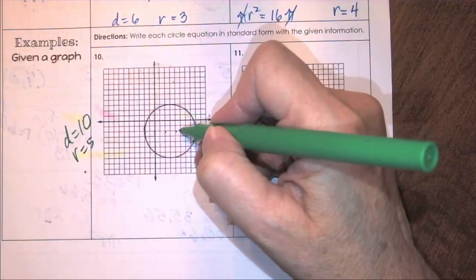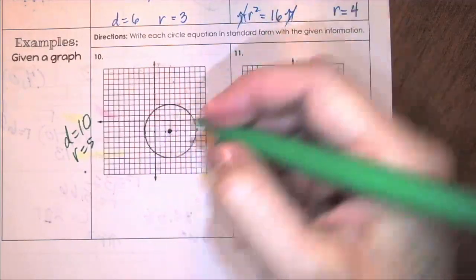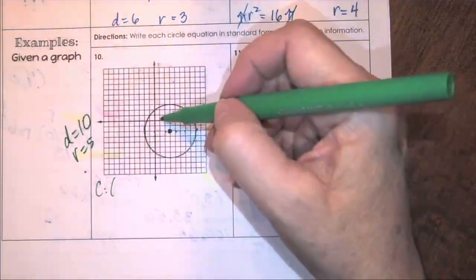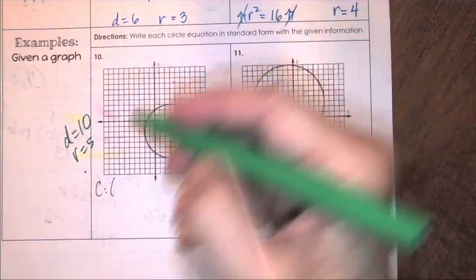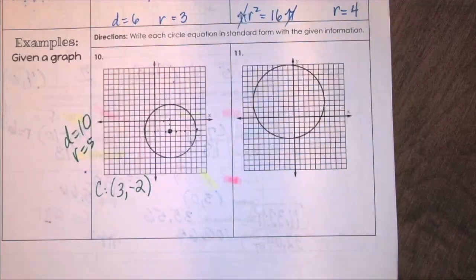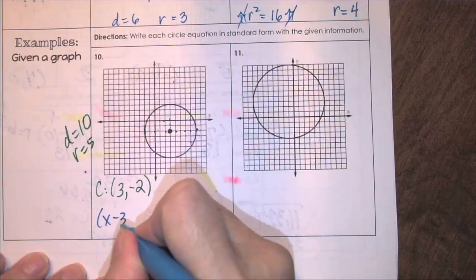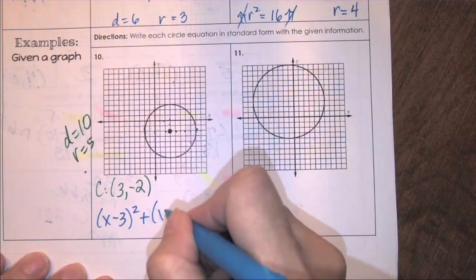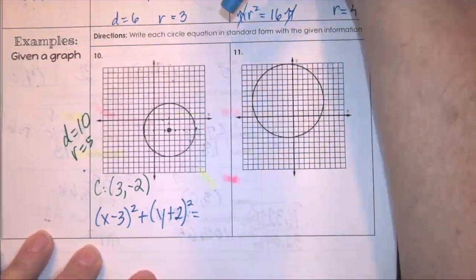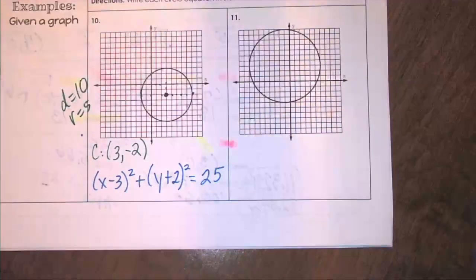So 1, 2, 3, 4, 5 from every side is my center. So the center is 1, 2, 3, 1, 2, 3, negative 2. And the radius is 5. So let's write that equation. X minus 3 squared plus y plus 2 squared equals, what did we say the radius was? 5. 5 squared is 25.